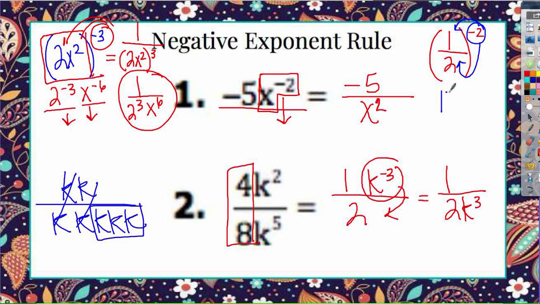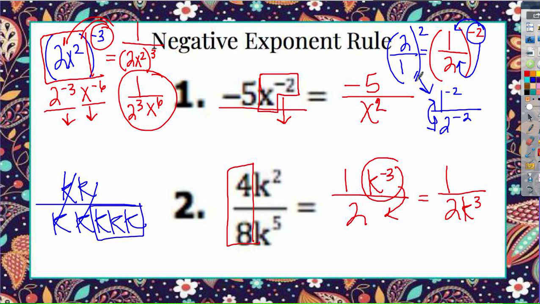This is really 1 to the negative second power over 2 to the negative second power, and in order to fix it, I'd have to switch how they are. So when I have this, I know I'm really about to just flip it and then change the sign. So I'm really looking at 2 over 1 to the positive second power.